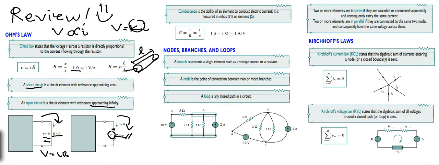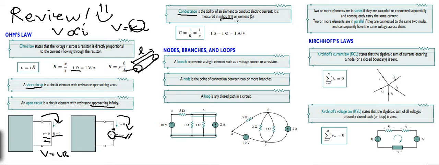Resistance is defined as the ability to resist the current flow. In opposite to that, we have the conductance. This is the ability of an element to conduct electric current, measured in mhos or siemens.